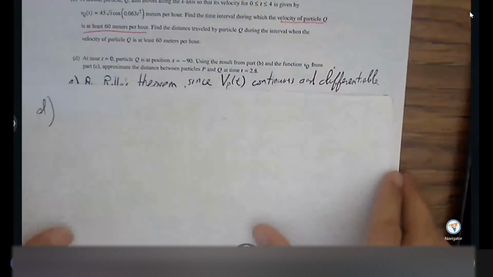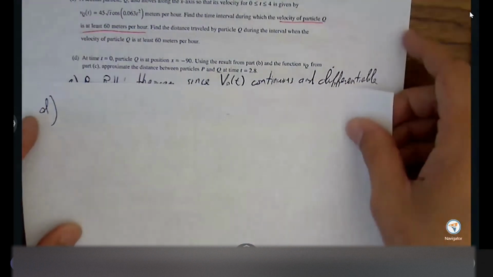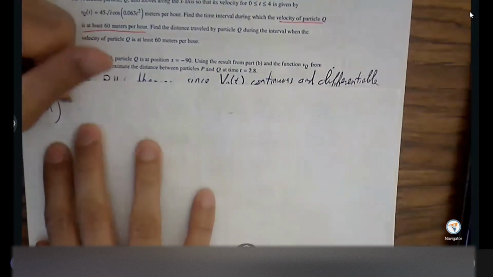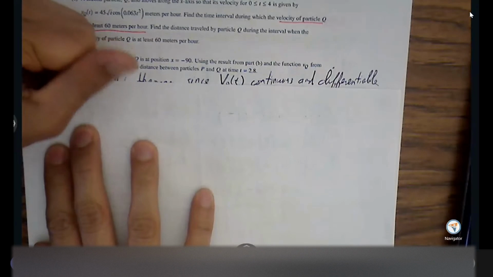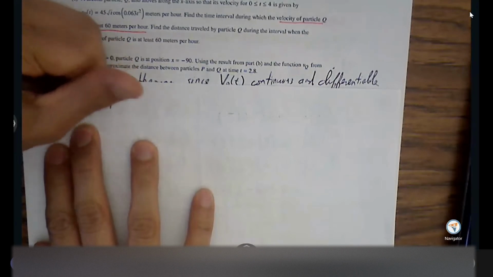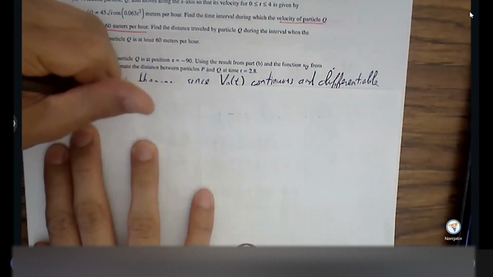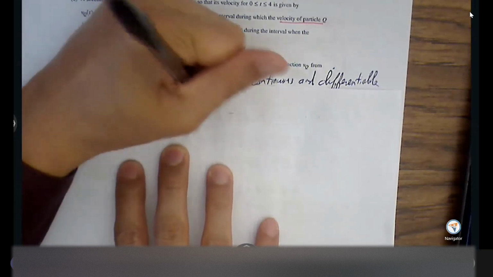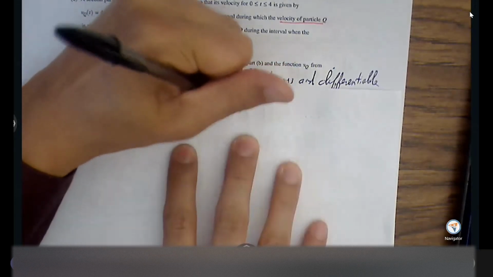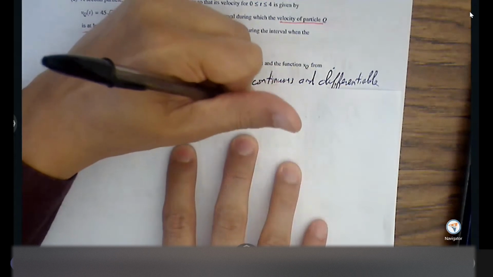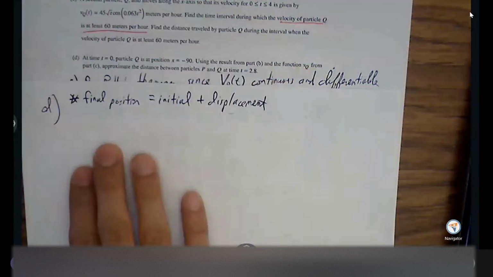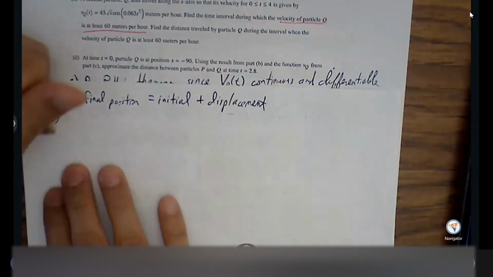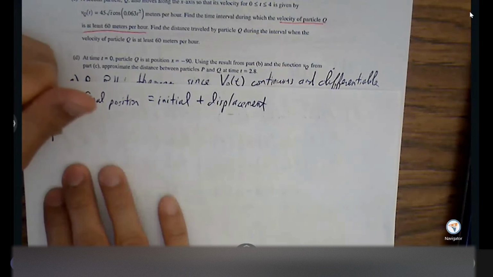So anytime I'm looking for a final position of a function, I've got to rely on this formula, right? Final position is equal to initial plus displacement. Okay, so I'll focus my attention on particle Q to begin with.